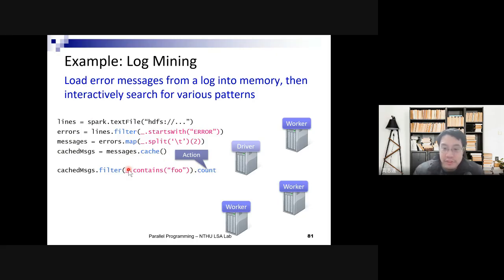So what it does is go back to the first line. The block is the data chunk loaded from the distributed file system. This part is the same as MapReduce.